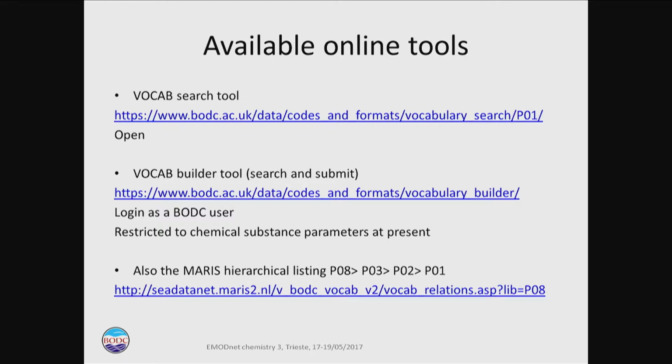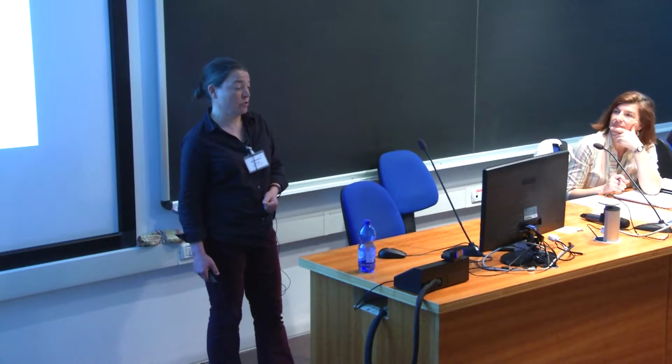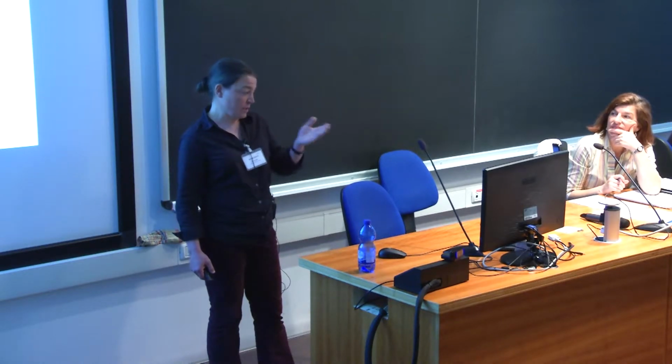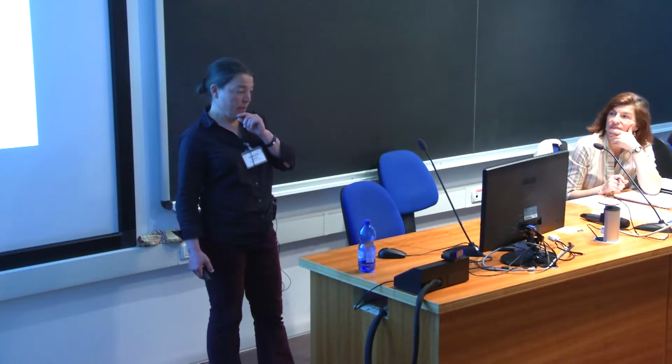I also often recommend people use the Maris hierarchical listing, the thesaurus, that goes from P08 to P03 to P02 to P01, because it provides that drill down hierarchy that allows you to refine the search. So that's why I'm giving the link there as well.